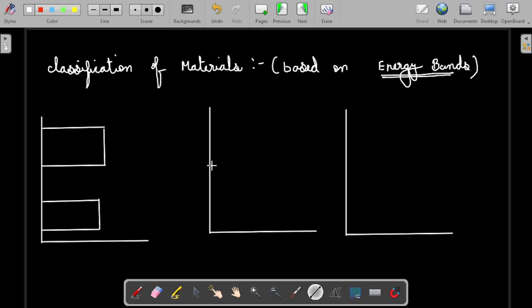Okay, so this is one type of classification. Then another one we have. So even in the diagram, we can see some gap between the conduction band and valence band. So that is what is responsible for the classification of materials.